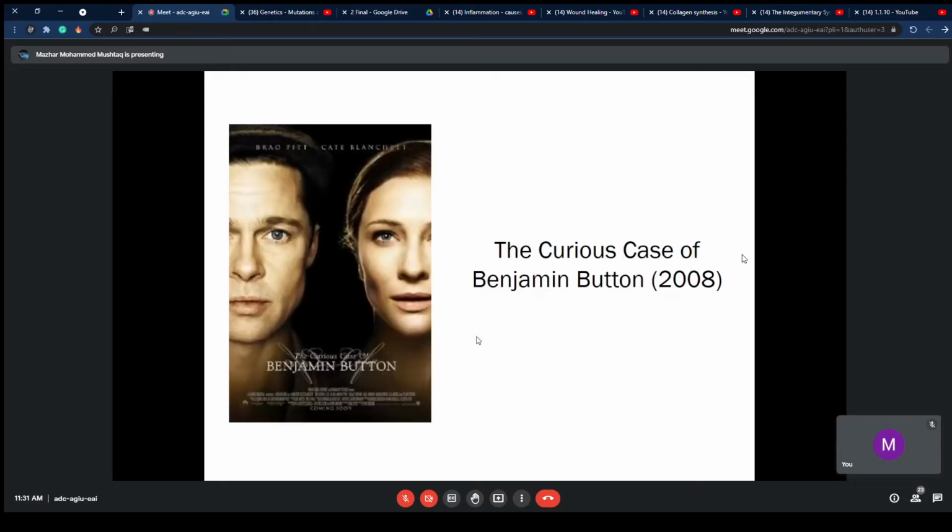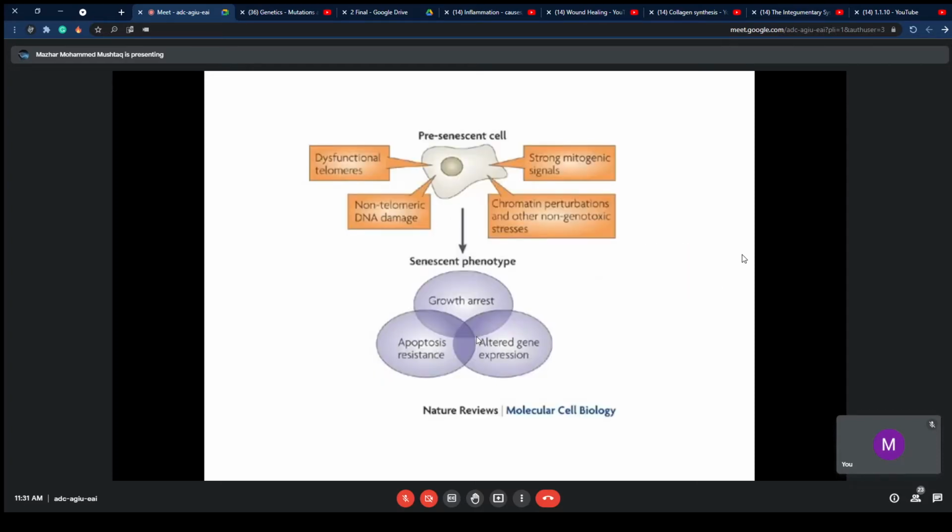Doctor, so the cell will have a change in gene expression and will not undergo apoptosis. That's called the senescent cell. Yes, that can be one of the reasons. And there are many theories about cell senescence; we will see that in a while.